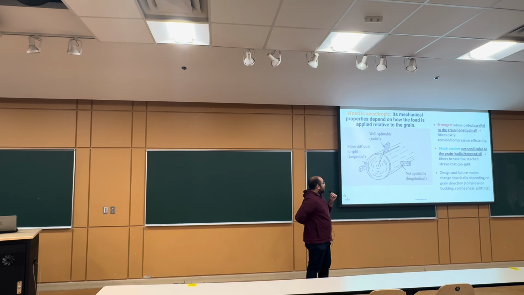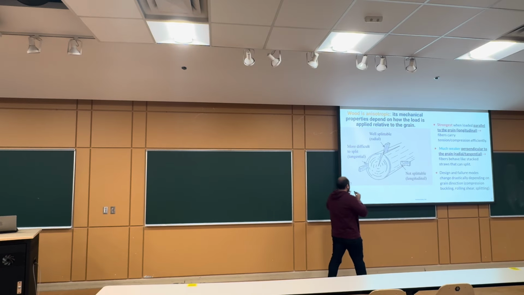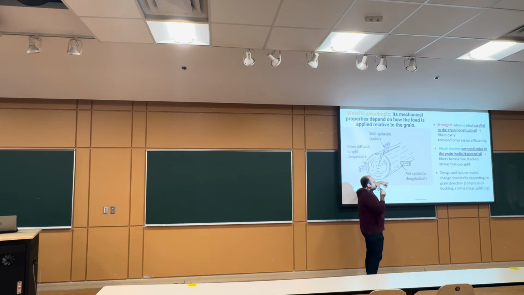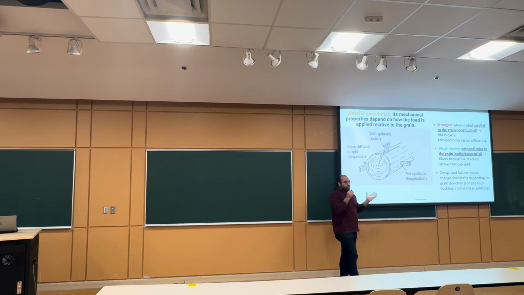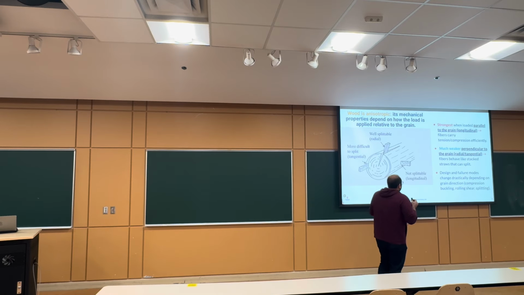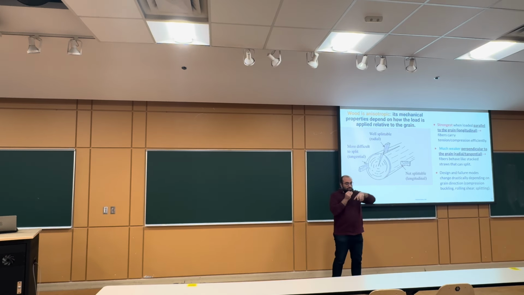But if we are applying the load in the radial or the tangential direction, which are the opposing directions of the longitudinal, we find that the wood behaves much weaker. And this is because the fibers behave like stacked straws, and when we apply the load, we are splitting those straws from each other, so the material is more vulnerable and less resistive to the loading.